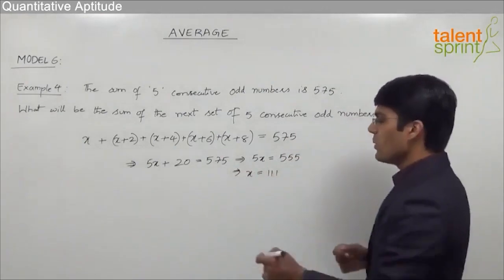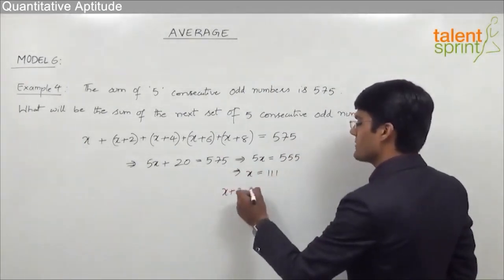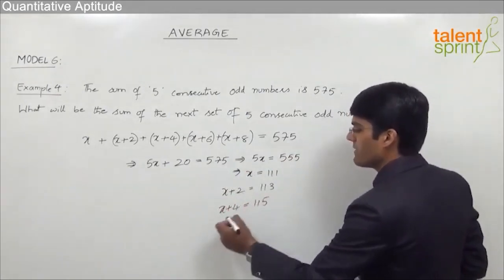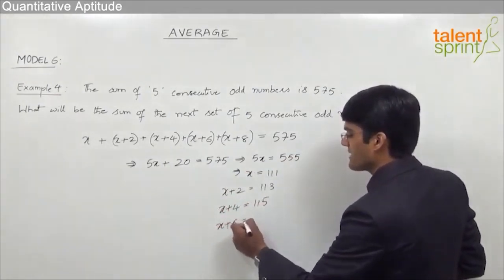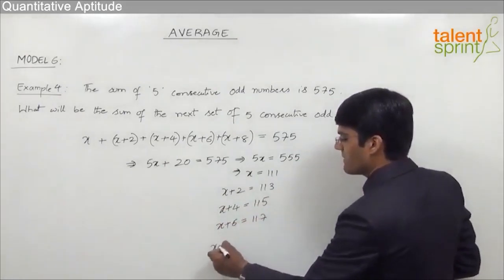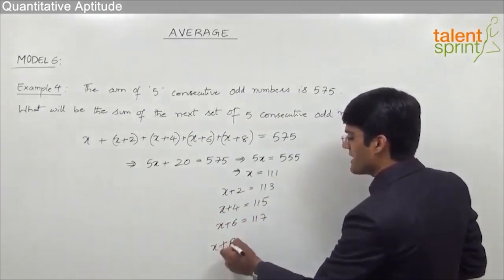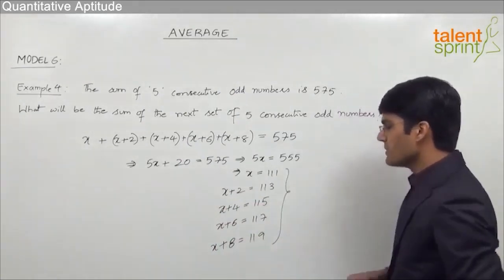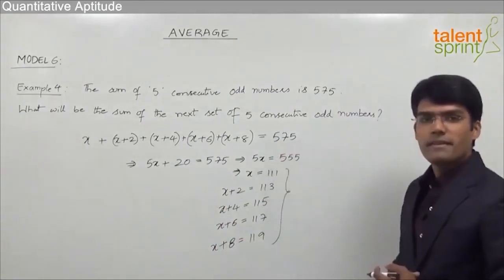If x is 111, the next number should be x plus 2, that is 113, and then the third number should be 115, the fourth number should be x plus 6, that is 117, and the fifth consecutive number should be x plus 8, that is equal to 119. So these are the 5 consecutive numbers whose sum is 575.